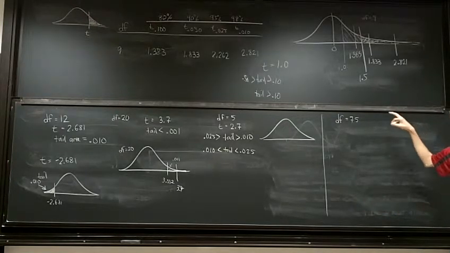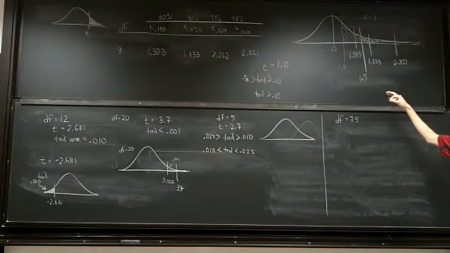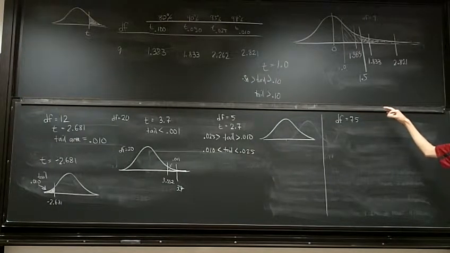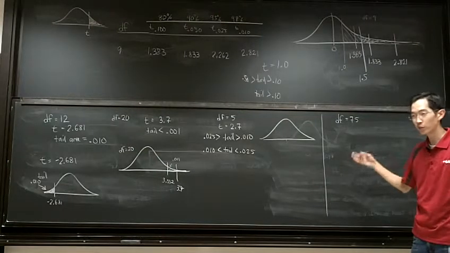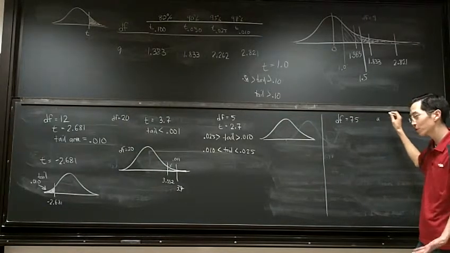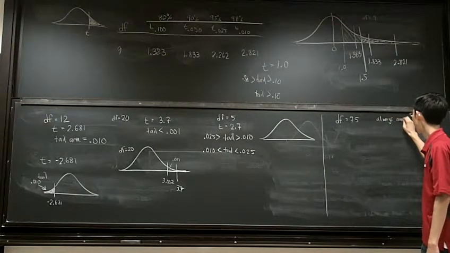Always round down. Do not use 80 degrees of freedom. I know in your table it says there's 60 and 80 degrees of freedom, and 75 is closer to 80. However, the rule is you always round down.